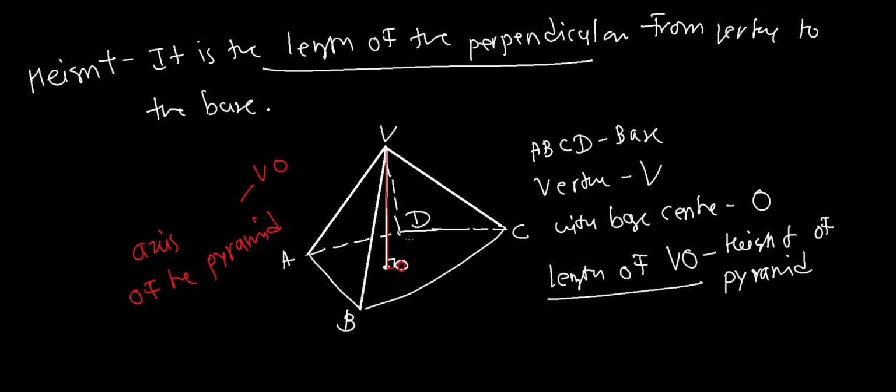As per the pyramid shape, the perpendicular can come like this also, but it depends on the shape of the pyramid. For the current shape, the perpendicular passes through the center of the base and it's also the axis of the pyramid.